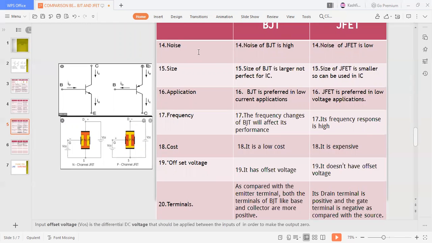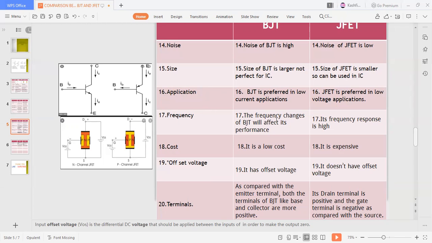Now, BJT noise. The noise of BJT is high, but the noise of JFET is low. Size. The size of BJT is larger, not perfect for IC, but the size of JFET is smaller, so it can be easily used as IC. Application. BJT is preferred in low current applications, but JFET is preferred in low voltage applications.